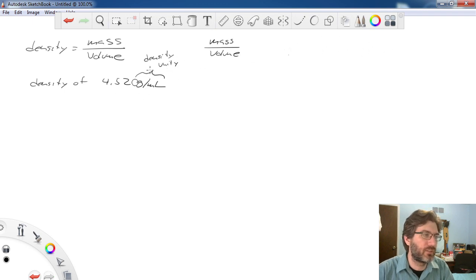So this here is a density. And what if I wanted this, instead of being in grams per milliliter, in kilograms per liter? In that case, I'm changing both my units. I'm changing grams to kilograms and milliliters to liters. So let's do this problem.